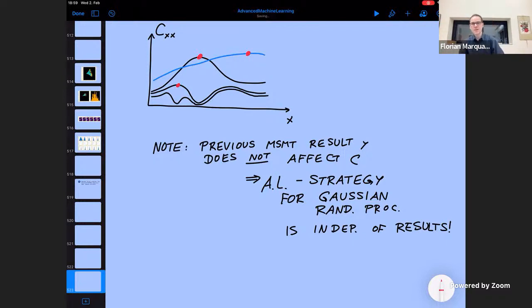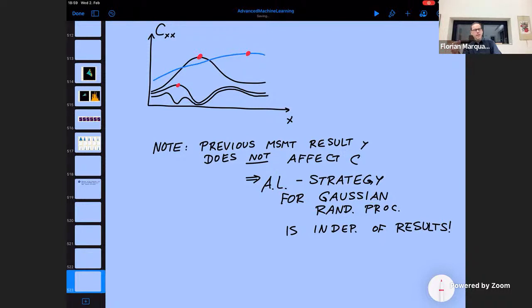Okay, so this is Gaussian random processes. Let's now move one step further, so it gets even more interesting. And let's move away from Gaussian assumptions. Let's say I have an arbitrary neural network model, and let's see what we can do there.